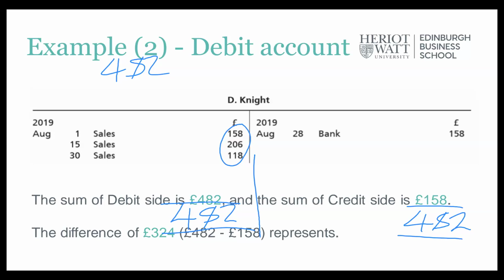That amount you will call the balance carried down. The date will be the last day of the month in question. This is August, which ends on the 31st. So 31st August, balance carried down, 324. You got it?